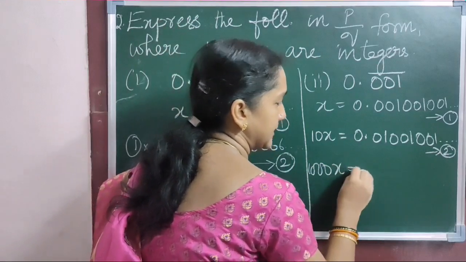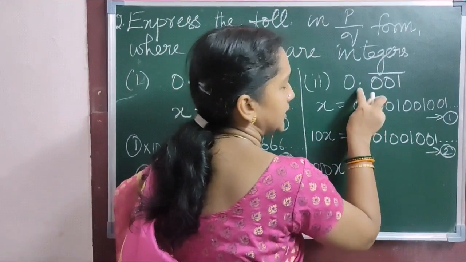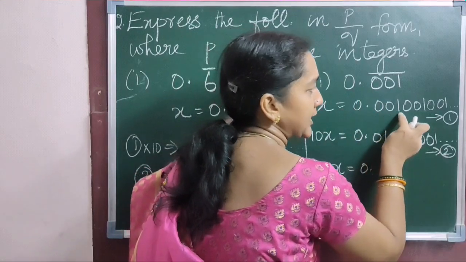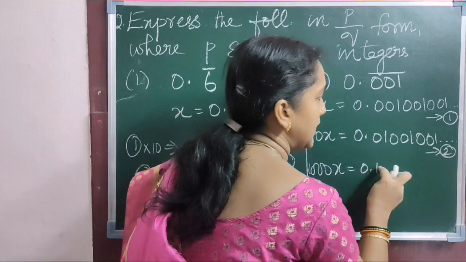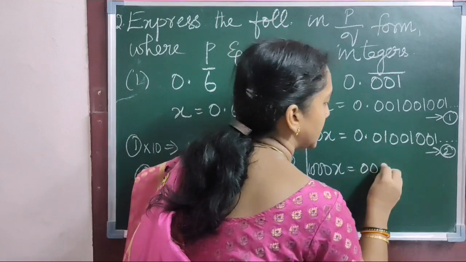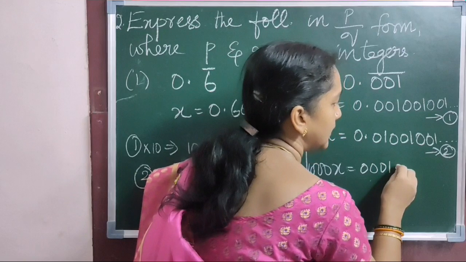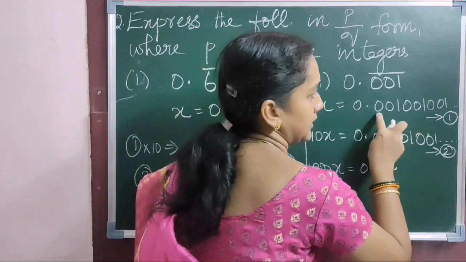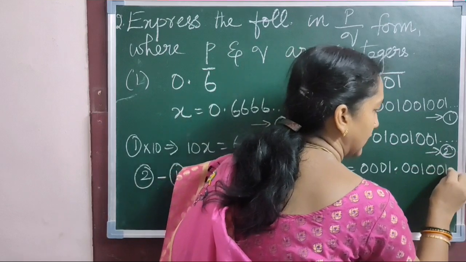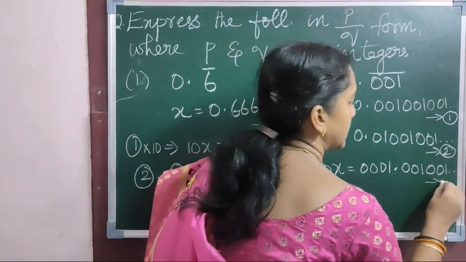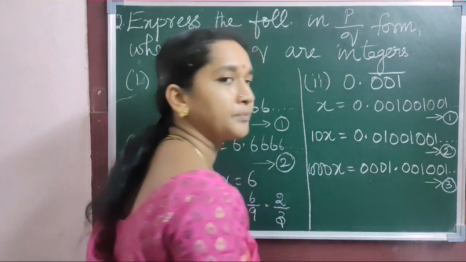So 1000x is equal to 1.001001. The decimal point moves 3 places. It will go on. So this is our third equation.